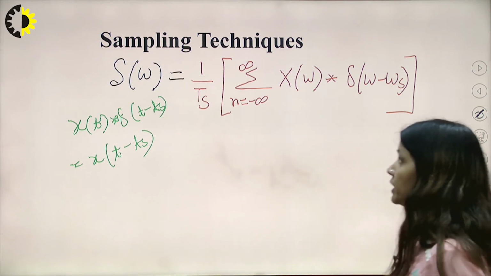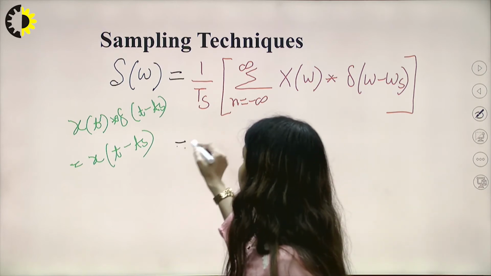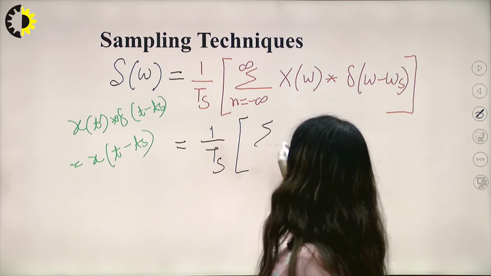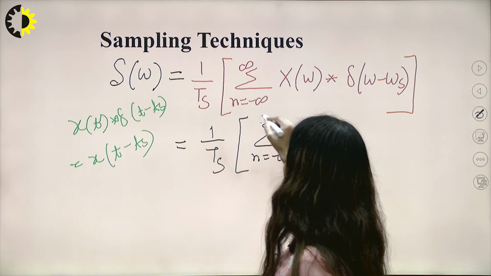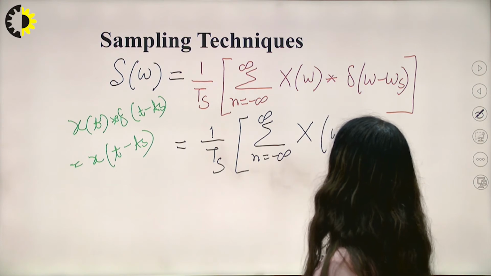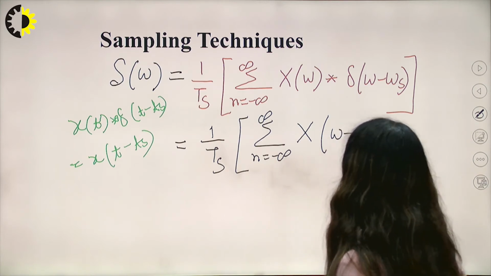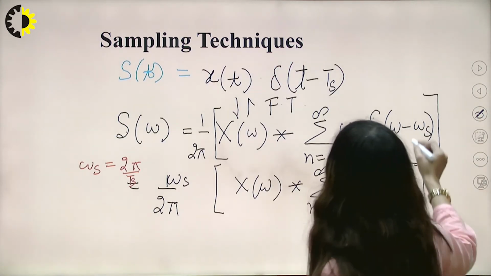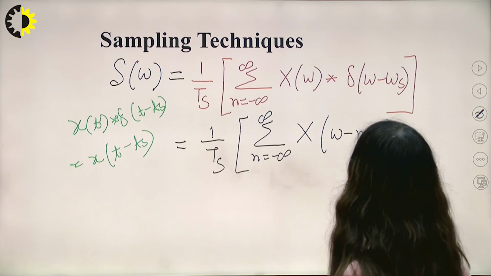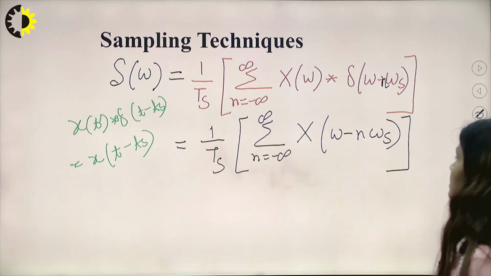By this property we can solve it further, and that will become 1 upon Ts, summation n equal to minus infinity to plus infinity, x of omega minus n omega s. Sorry, here I wanted to write x of omega minus n omega s. Everywhere I need to write this n, and this will be the result.